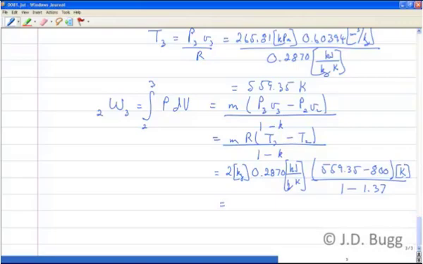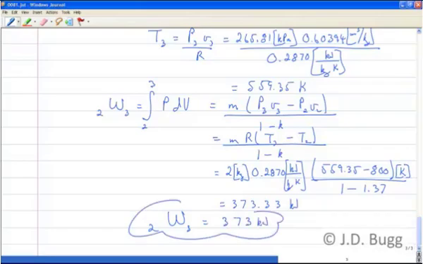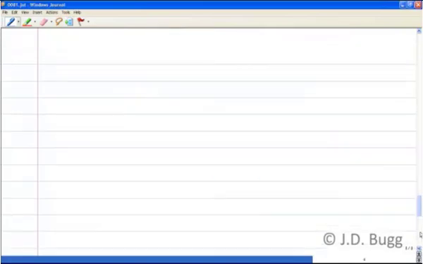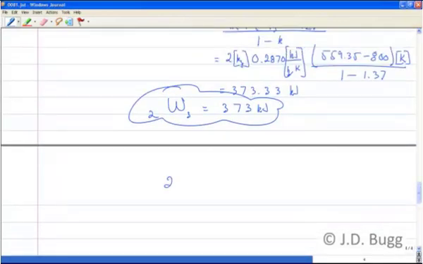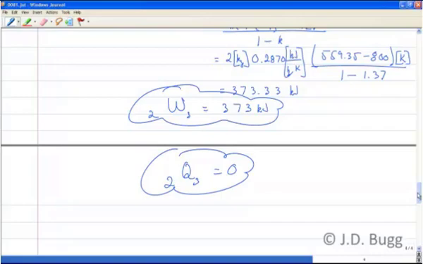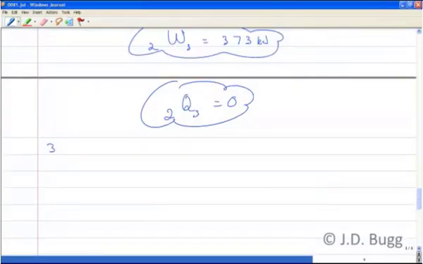And working that out, 373.33 kilojoules. So the work from 2 to 3 is equal to 373 kilojoules. So direct calculation of work with polytropic process. Heat transfer from 2 to 3 is 0. Remember, it's an adiabatic process going from 2 to 3. So that heat transfer is 0.